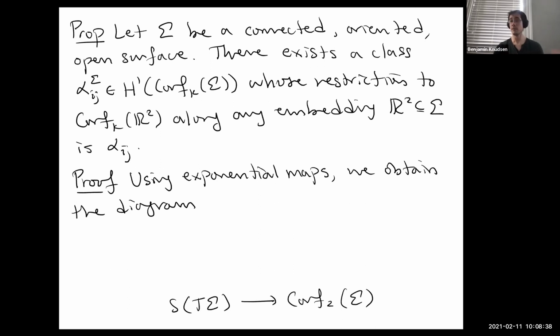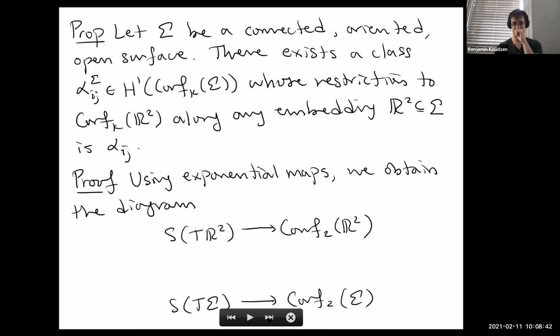Okay. So there's a map like this, and there's a map like this, and this diagram commutes.